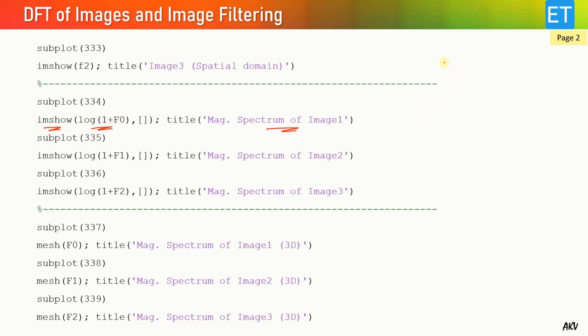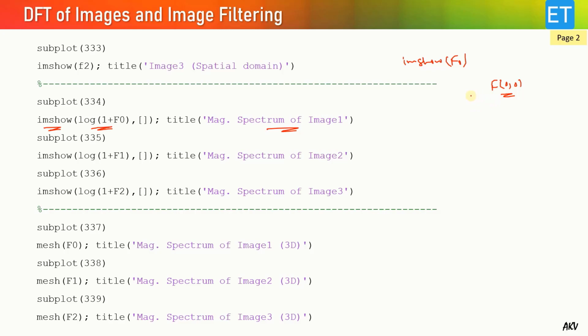Because if you directly use f0 for imshow, then you will get a darker image, because as you have seen, the f00 component is of very large magnitude as compared to the other frequency components. So there is a huge difference between the magnitudes of these spectral components.